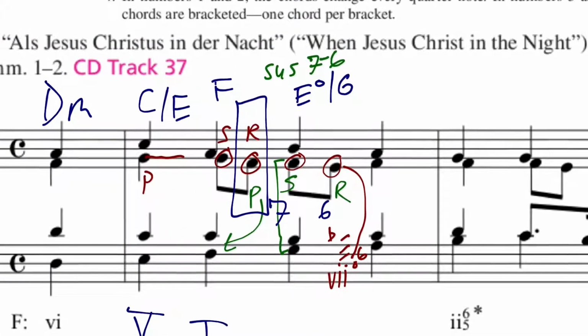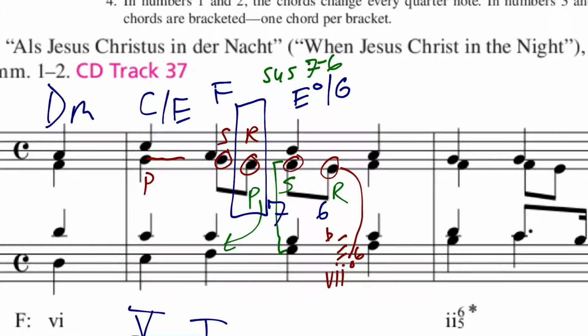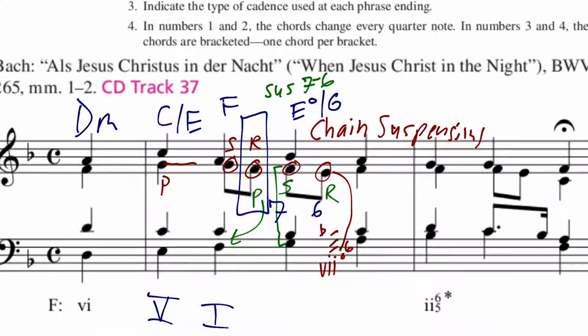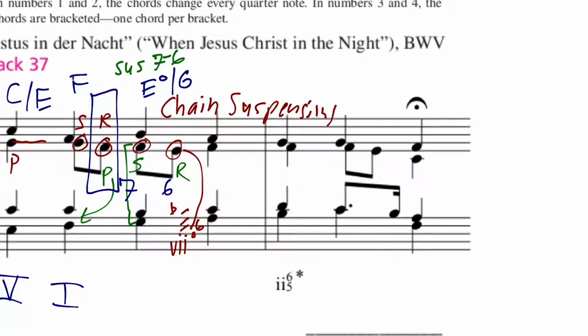When these happen, where one resolves and it becomes part of the next one, these are called chain suspensions, because one suspension is connected right next to another one in a link. So chain suspensions. Not so easy to read that, is it?